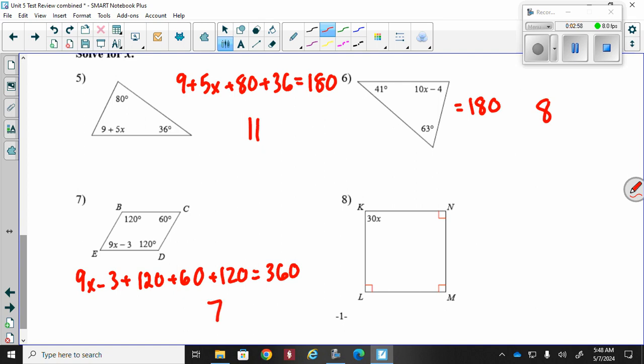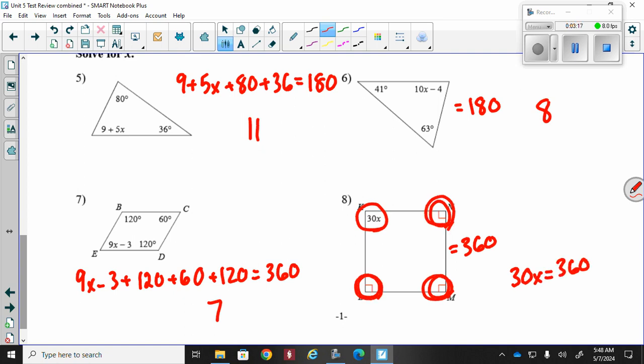All right. Now, question number 8. Again, you're setting everything equal to 360, but if you notice, you have 3 right angles. A lot of students will just say, the only thing I have is 30x, so they do 30x is equal to 360, and they totally ignore all these 90-degree angles. Don't do that. That is a recipe for disaster.